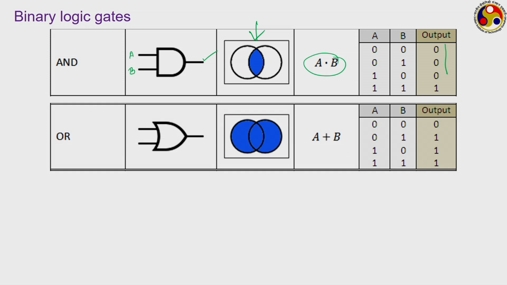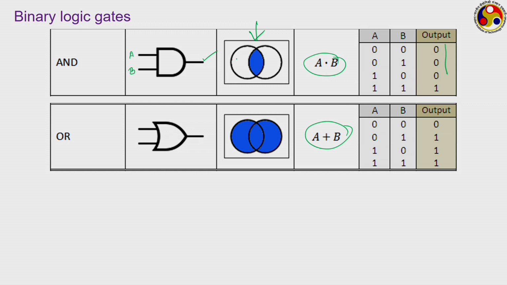The other version of this one is OR. OR is written as A plus B. Going back to the Venn diagram for AND, you can see this blue portion signifies the output. You get output only in the zone which is common to both input signals.